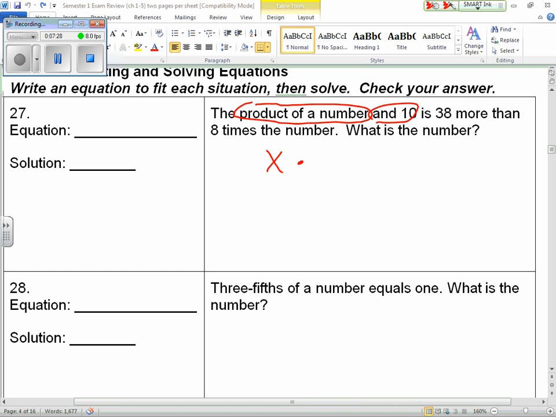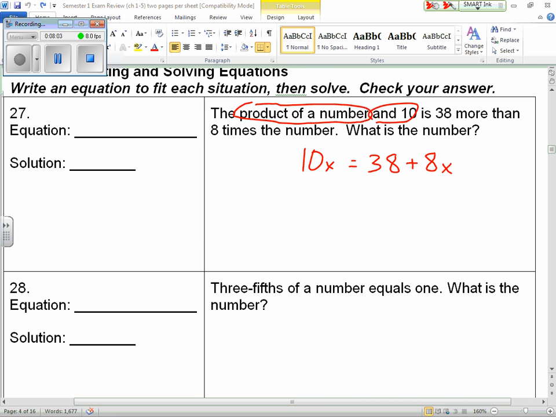X times, so this is the product of a number and 10, is 38 more than, so 38 plus 8 times the number. Well, x times 10, we'll just write as 10x. So that's the product of a number and 10 is 38 more than 8 times that same number.